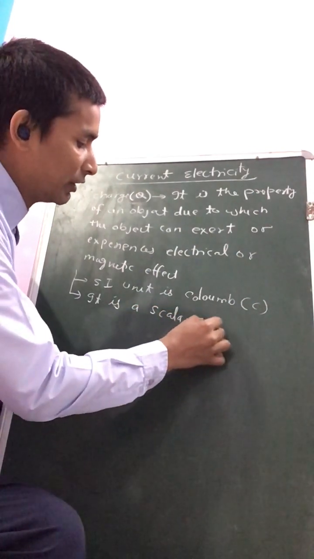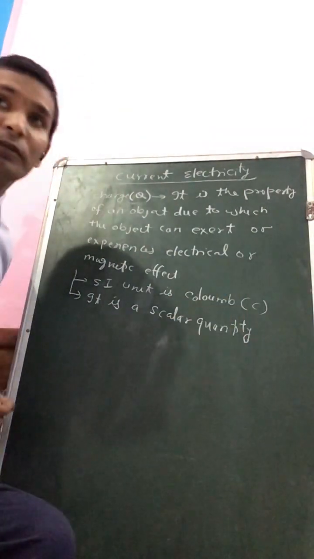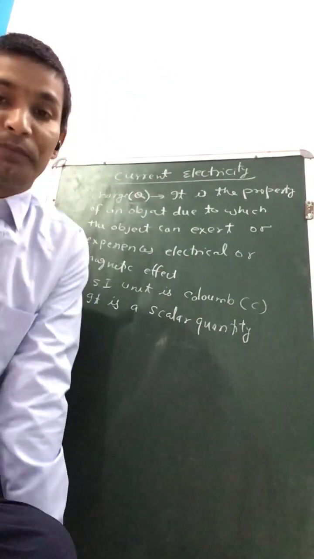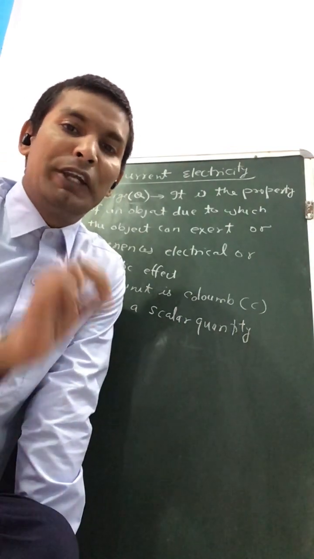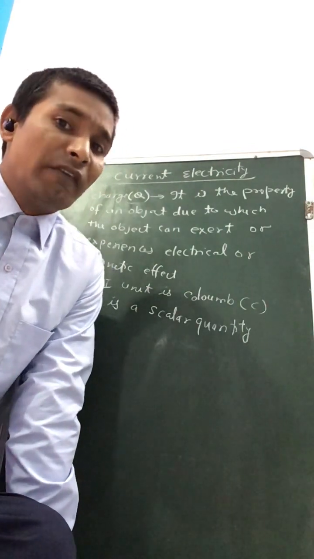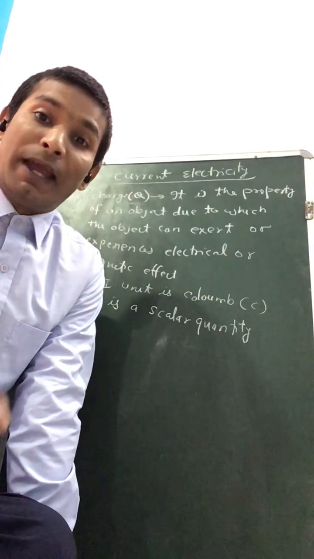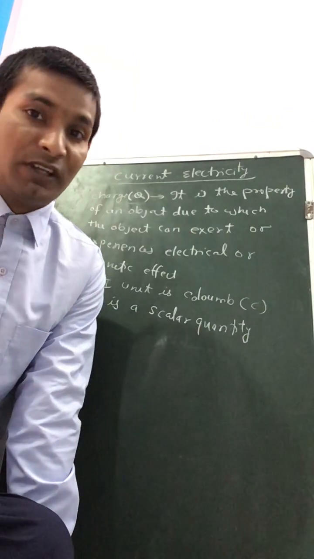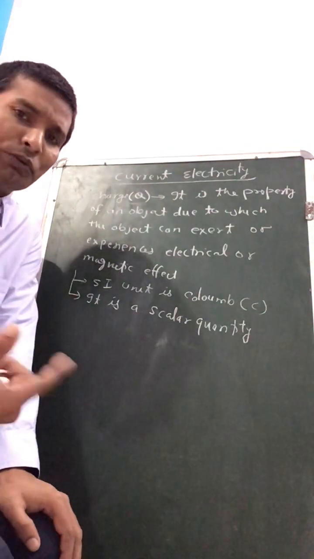What is a scalar quantity? We know there are two types of quantity, scalar and vector quantity. Scalar quantities are those which only require magnitude and its unit for complete representation, whereas a vector quantity requires magnitude, unit and direction for its representation.